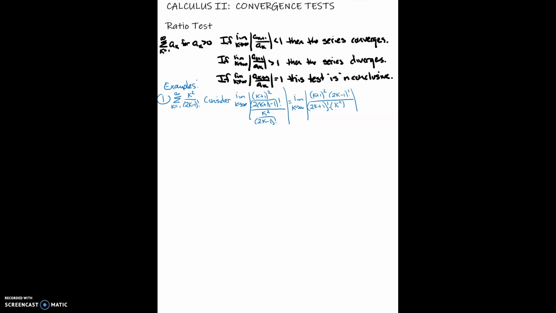All right, next thing I want to do, I recognize that this (2k plus 1) factorial is a larger term than the (2k minus 1), so I'm going to write out a few terms there in that bottom one. Maybe I'll be able to reduce some stuff.